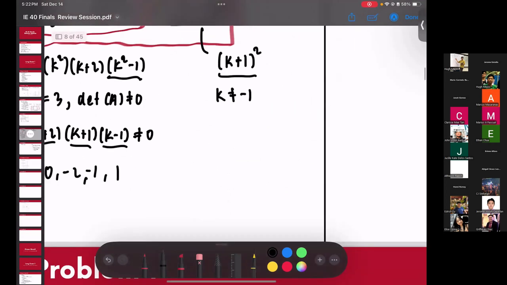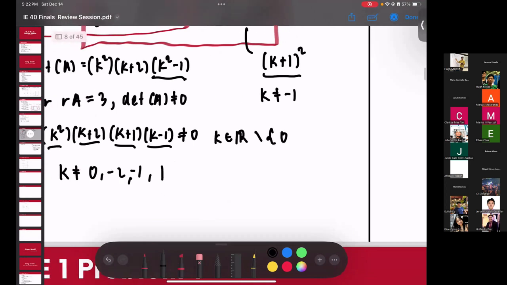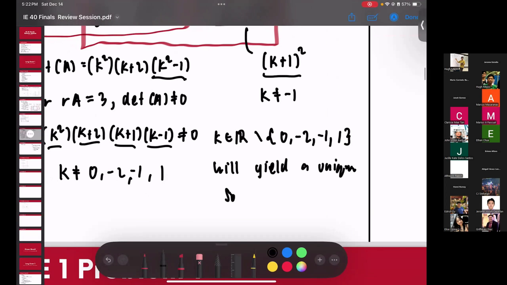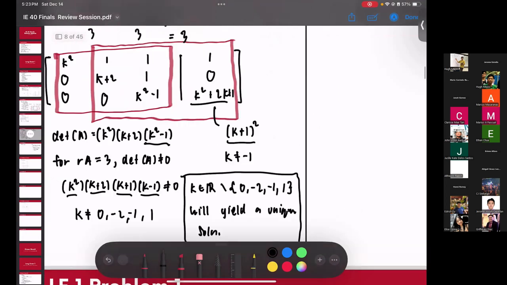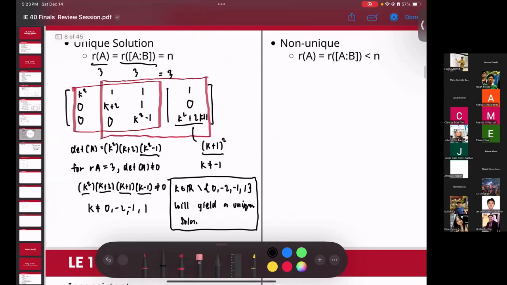So the technical final answer here is k, for any real number k excluding 0, -2, -1, 1, will yield a unique solution. Yeah, so that's it for the unique solution, which is the first part.